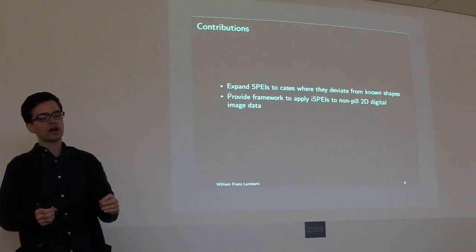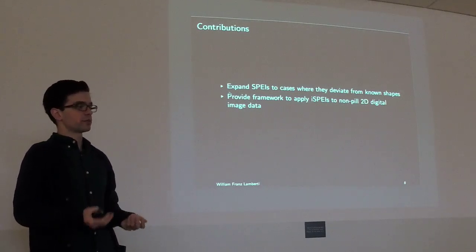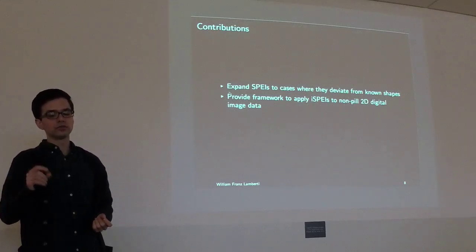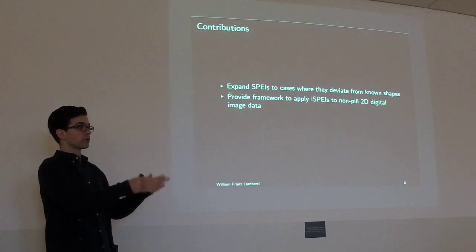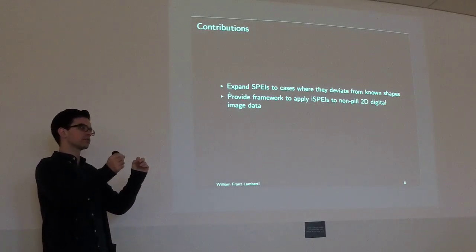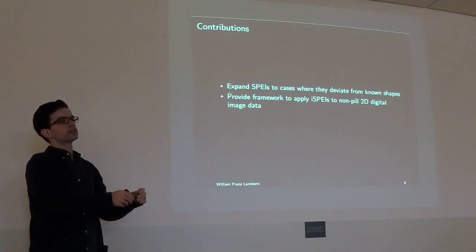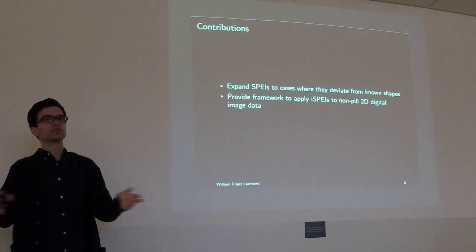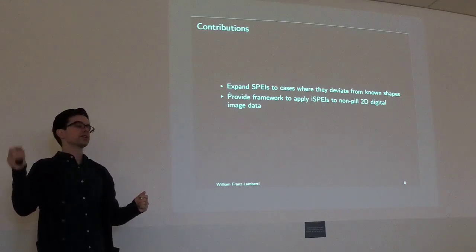I also hope to provide a framework to apply inferential SPEIs to non-2D digital image data. So, relaxing the assumption of regular polygons and circles, I want to apply this to data that does not have a polygonal shape.